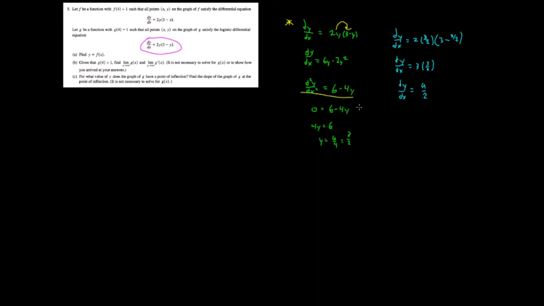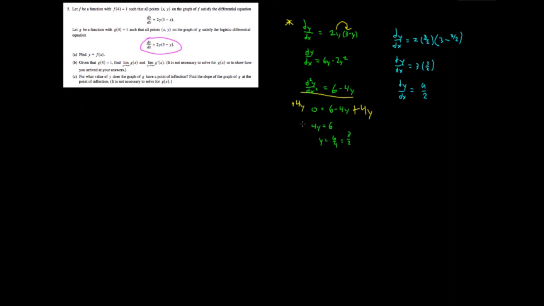So now we just have to find the y value for the second derivative so we can find the point of inflection. So what you do then is plug 0 in to d squared y over dx squared and solve for y. It's just some simple algebra. After you plug 0 in, you're going to add 4y to both sides, and you get 4y equals 6.